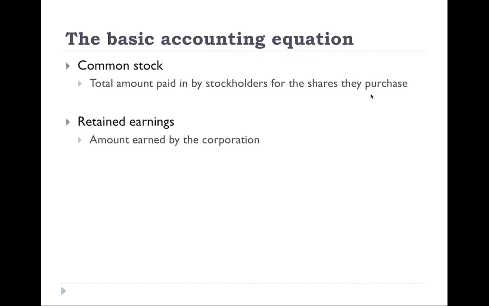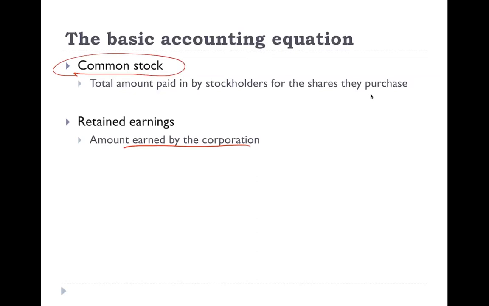Retained earnings represents the amount earned by the corporation. So at the time a firm was established, the firm's stockholders invest in the firm, and the common stock account represents the amount paid by stockholders.